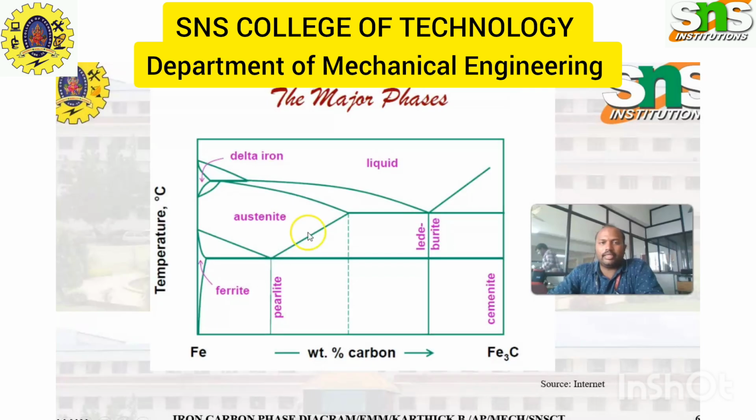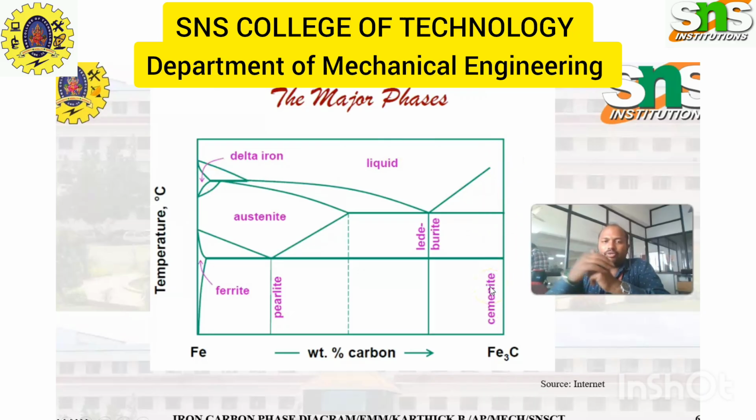First, in this iron carbon phase diagram we are going to see the major phases. Major phases are the phases which form in a single manner, that is, single phases. In this area we see only ferrite. This loop is austenite, this loop is delta iron, this loop is liquid, and this straight line is cementite.